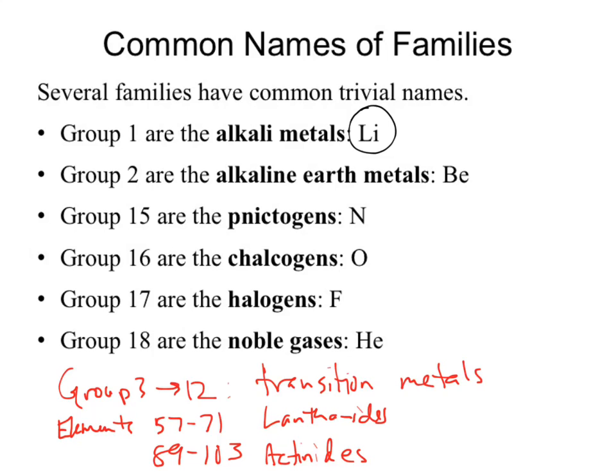Why? Element 57 is known as... No one memorized that? Lanthanum, hence everything after it, the lanthanides. Element 89, actinium, hence actinides. Did I say that wrong?